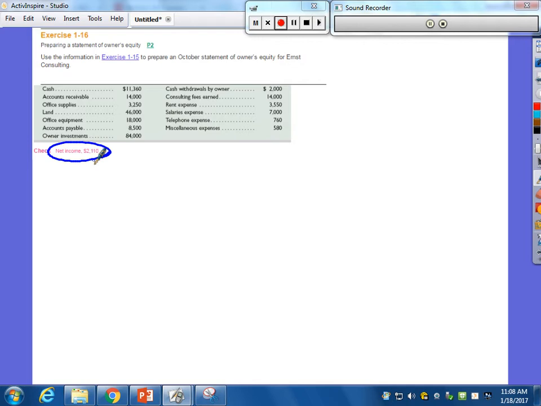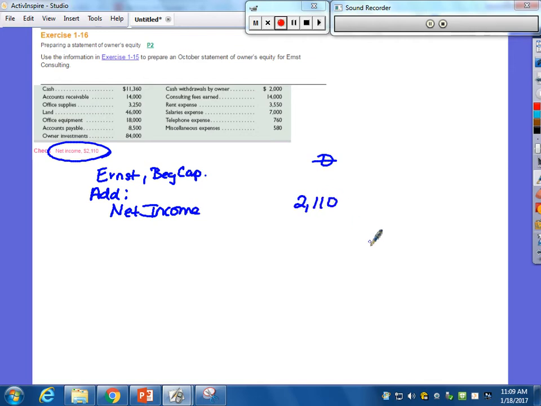So we have to assume that beginning capital was zero. So we do Ernst, beginning capital, zero. And then we're supposed to do what to net income? Add. So you add net income, which was how much? 2,110. So that's going to give us 2,110 as the balance.